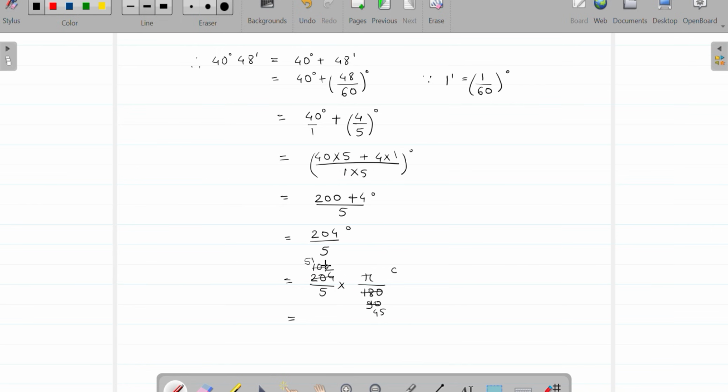So in numerator we get 51 pi, in denominator we get 5 into 45, which is equals to 225 radian. Therefore 40 degree 48 minutes, which is equals to 51 pi upon 225 radian.